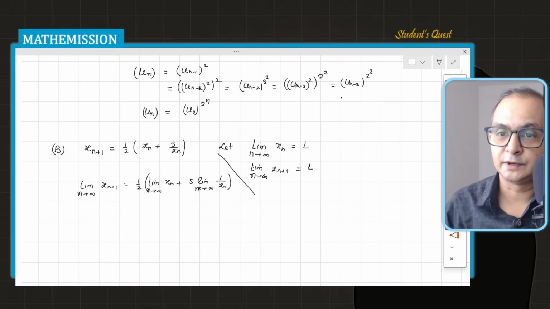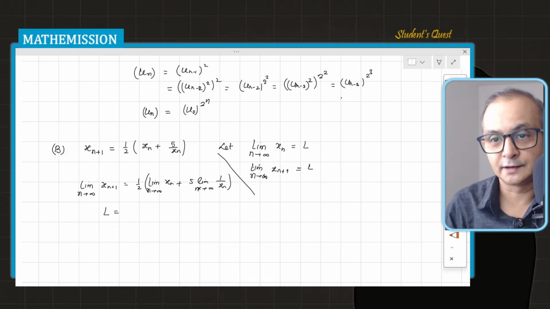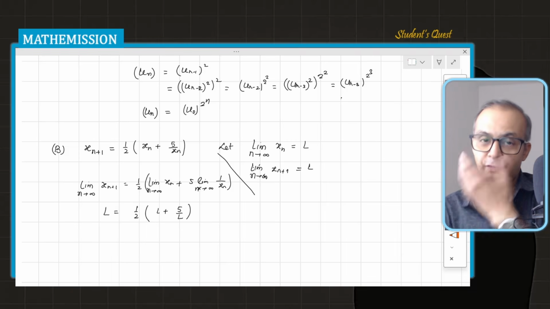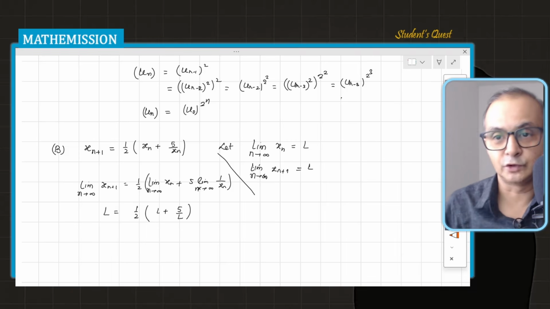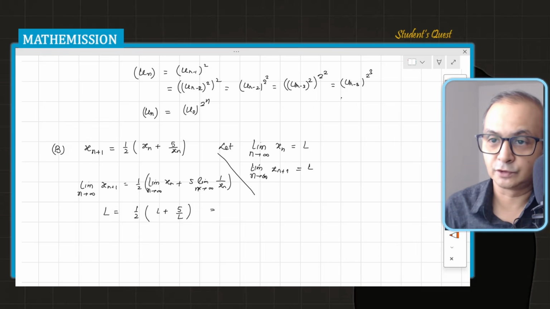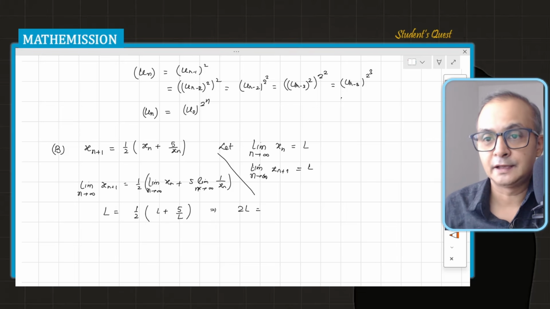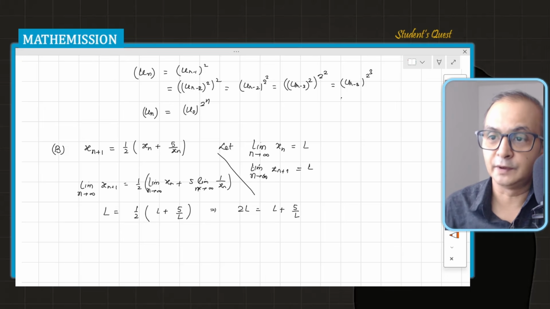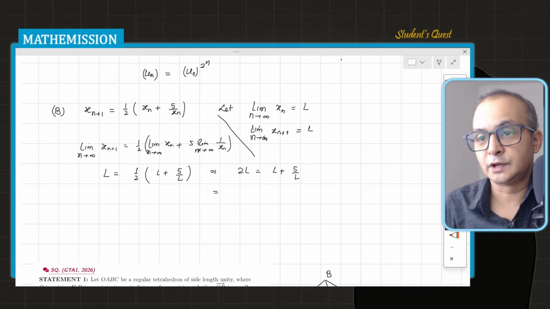So what will happen to this thing? This is going to be L again, and it's a half times L plus 5 by L. So all that we have to evaluate is the value of L. So I can write 2L is equal to L plus 5 by L. And of course, it is going to be a quadratic equation.